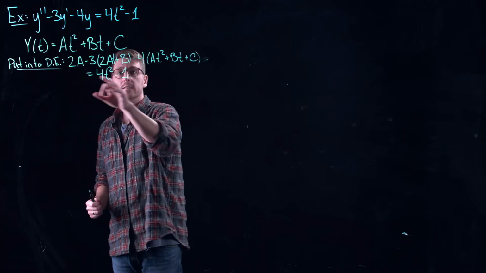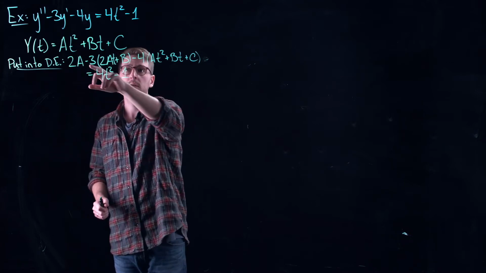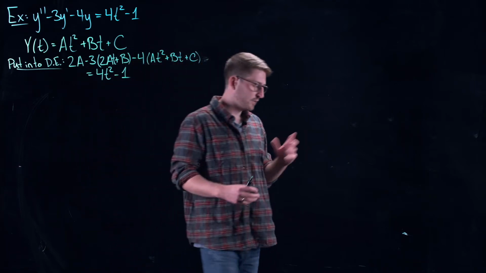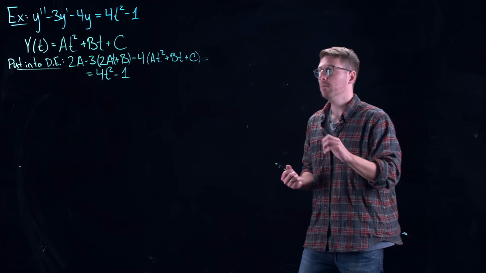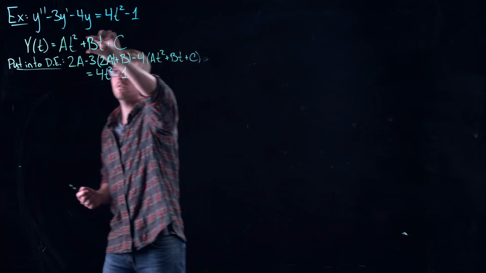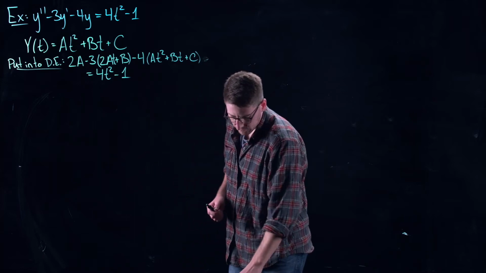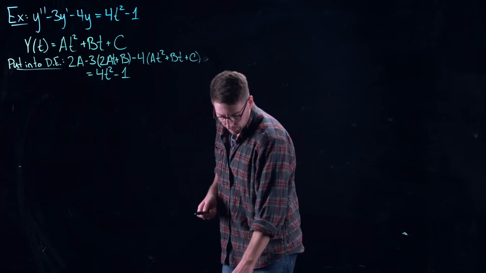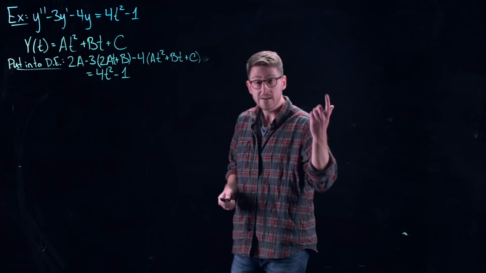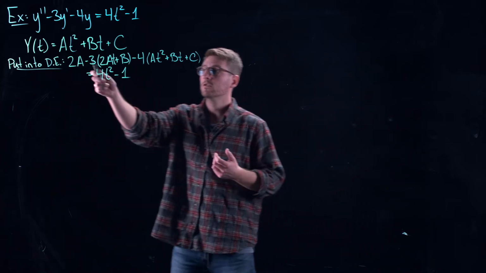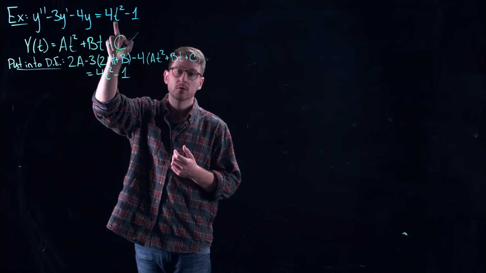Then the last thing is to collect all the constants, 2a, minus 3b, minus 4c, and you're going to set that equal to minus 1. So again, it's just a matching problem, but I want you to really pay attention to the form. The form here is that you have to get the right polynomial, and you have to have enough free variables that you can do all of the matching when you try to set this equal to the right-hand side.